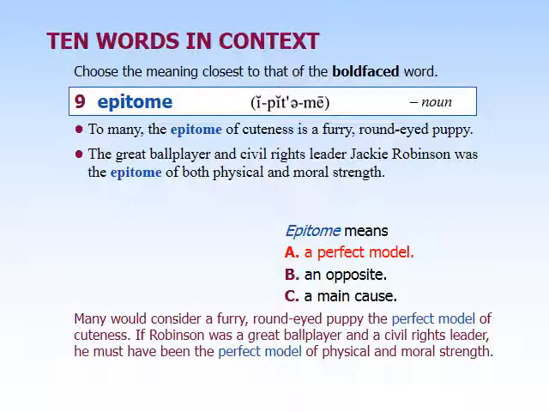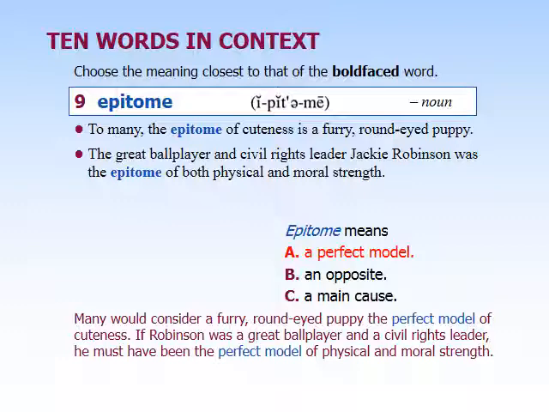Another way to think about it is a person or thing that's a perfect example of a particular quality or type. So in the first example, the thing that we're trying to describe is cuteness.